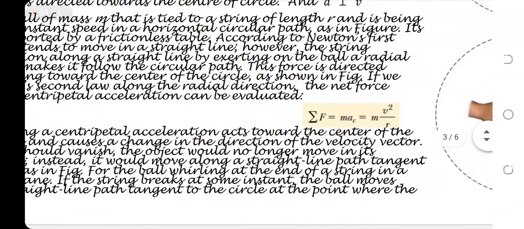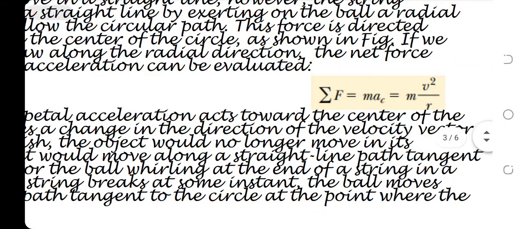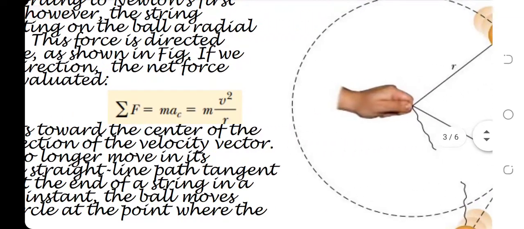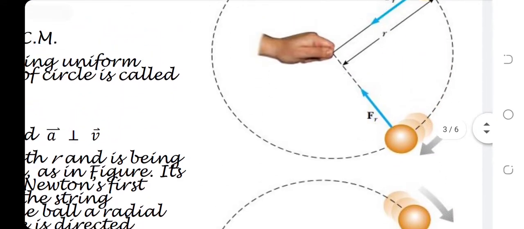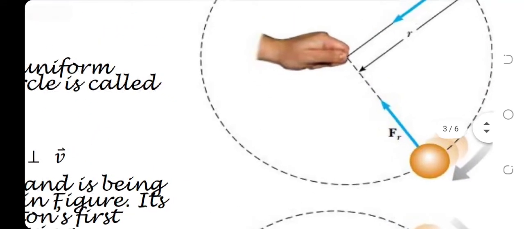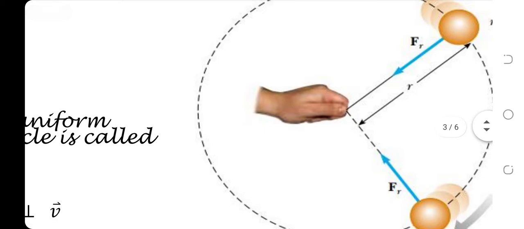Since we know sigma F, the sum of all the forces acting on the body of mass m, equals m times the acceleration, so sigma F equals m v squared over r. It is the centripetal acceleration. The centripetal force is shown in this diagram directed toward the center of the circle.